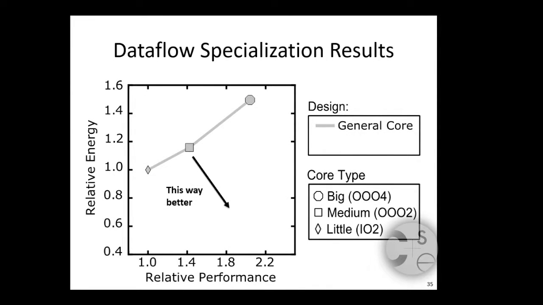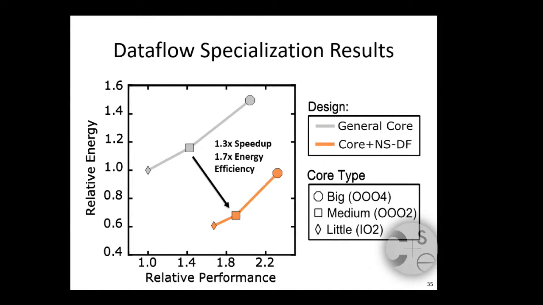On this slide, I'm going to show the overall results, geometric mean across the workloads. On the x-axis is the relative performance, and on the y-axis is the relative energy. These are all normalized to the small in-order core, and this gray line just represents the general-purpose core alone. When we add in the Dataflow processor, we get 1.3x speedup and 1.7x energy efficiency over the dual-issue out-of-order core.